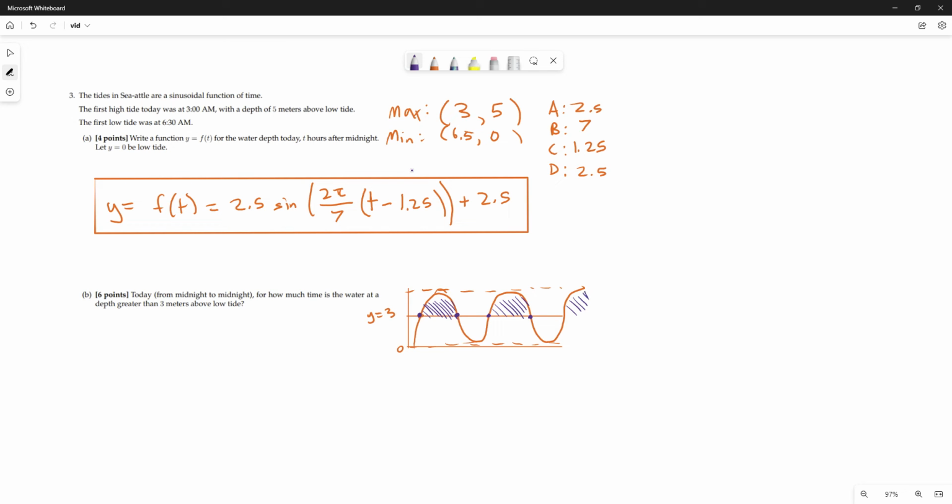Okay. So first we need to find where it intersects. To do that, you need to substitute y equals 3 into the sinusoidal function from part A. And then you just solve for t as I'm going to demonstrate over here.